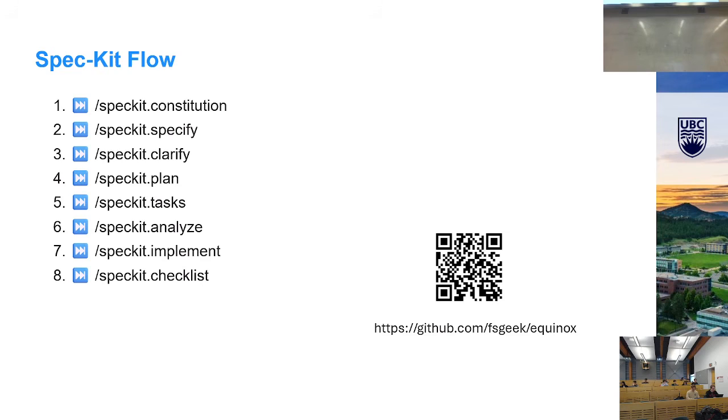GitHub itself, you can use Copilot, so there's an option to do a .copilot. That's one of the reasons I thought this was a good model, because everyone has access to Copilot, because everyone here is a student. So everyone has access to a model that will work in a command line environment. And then you just use the correct command, the /speckit clarify, I think it is. And that will rely upon the hooks that you've installed for your particular coding tool, if that makes sense. I suppose I could just go show it too.